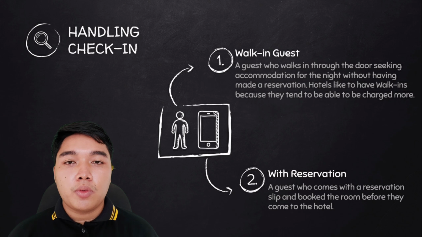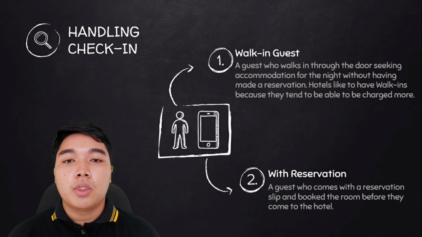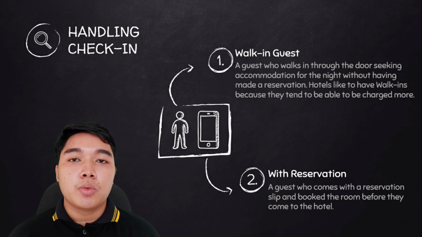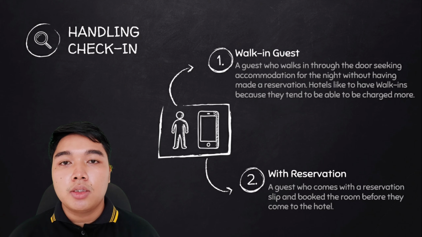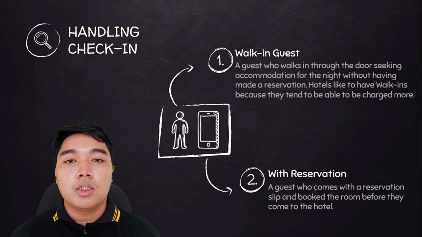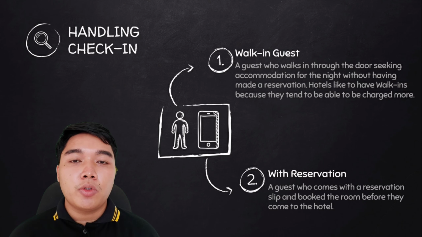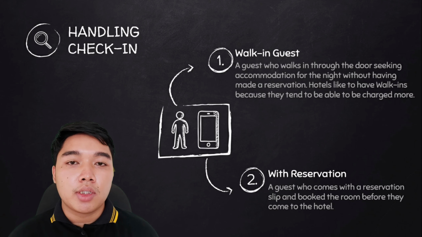So first of all, I would like to remind you about two kinds of check-in. We have walk-in guest check-in, and the second one is check-in with reservation. Walk-in guest check-in is usually for a guest who walks through the door of the hotel seeking accommodation for the night without having made a reservation previously.